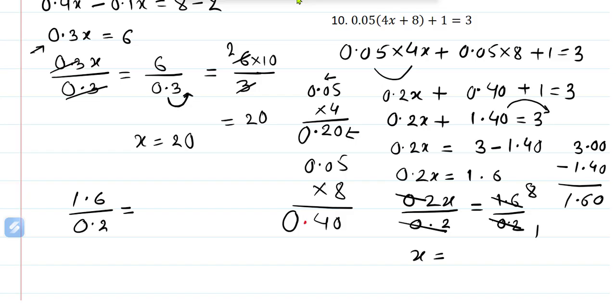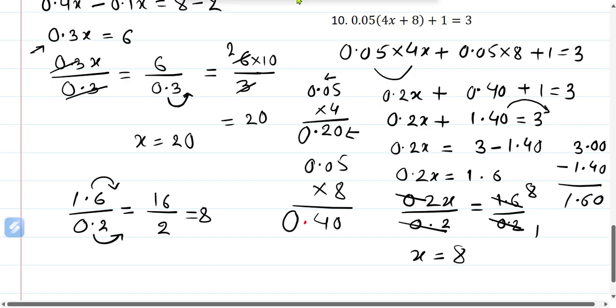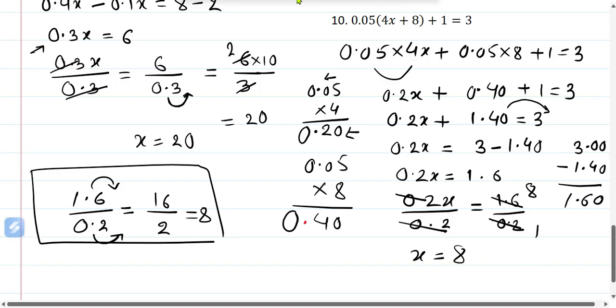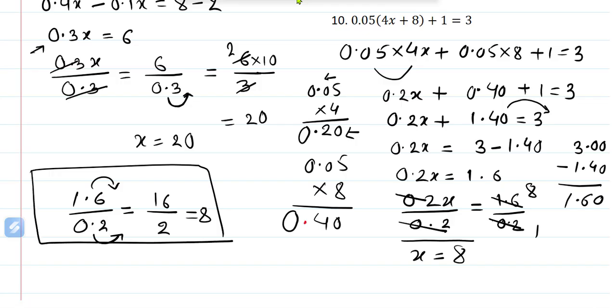Now we can jump one number here and jump one number here. Simply 16 is divided by 2, which is equal to 8. That's why the value of x here is 8. So this is the calculation. Simple calculation here, and that is how the value of x is found.